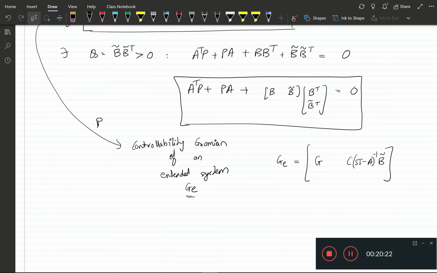So this is a system with an additional input.